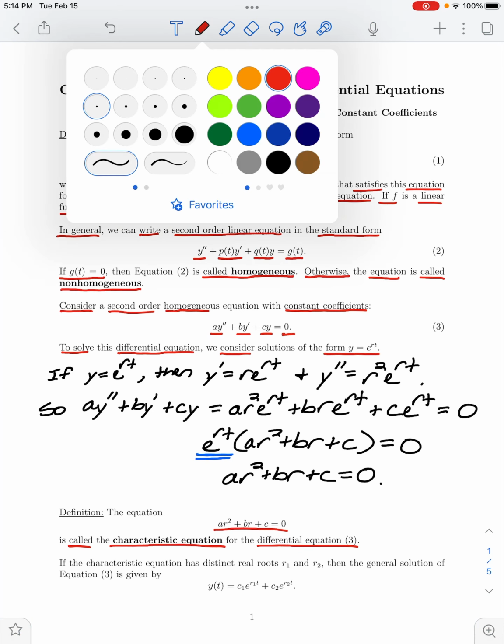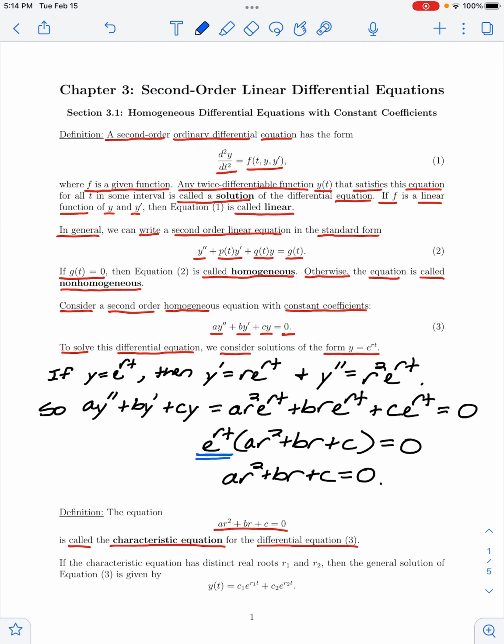And notice that this quadratic has the same constant coefficients, a, b, and c, that we had for our constant coefficients in the differential equation. So just by looking at our differential equation, we can immediately determine what our characteristic equation is if we're looking for solutions of this exponential form.